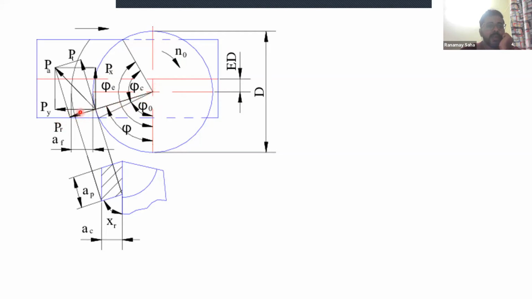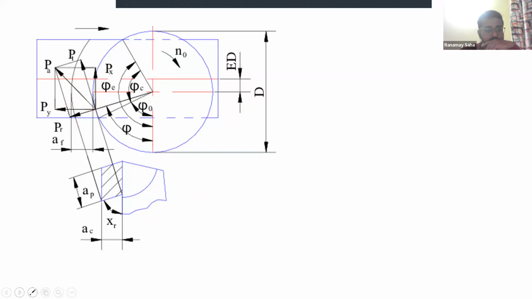And as this is rotating like that, tangential to that, you have the tangential force PT, or you can say this is the cutting force too. And then this is the resultant PA, or you can say this is the axial force. Now you just connect all these forces and project them in the xy plane. This is the px, py. Now you find the relations, right?